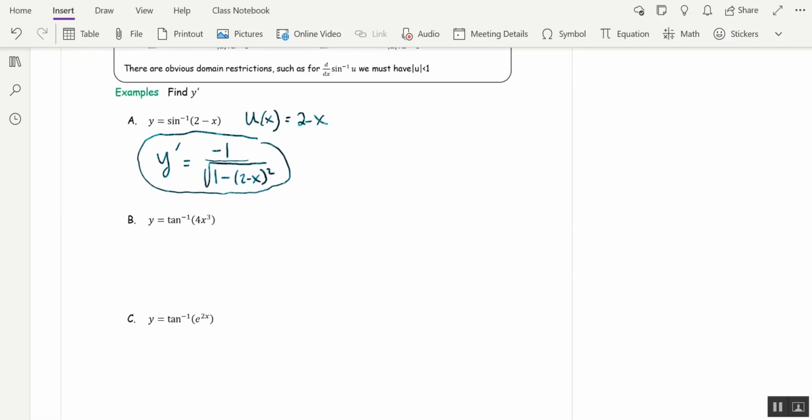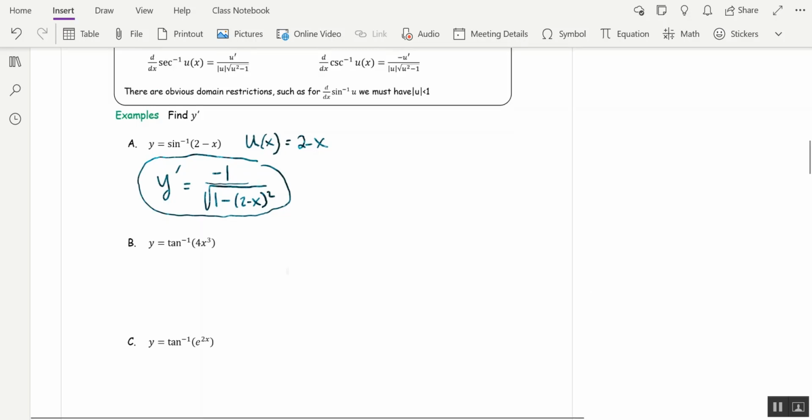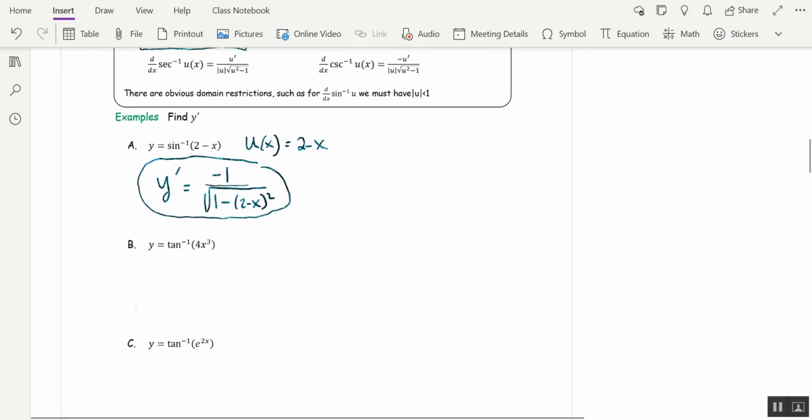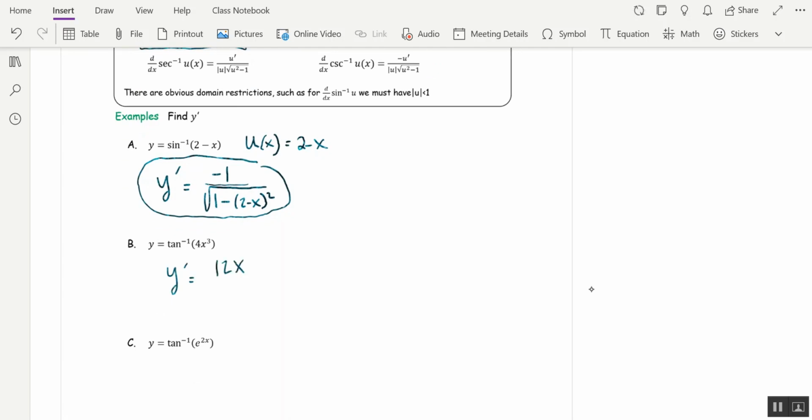Okay, the next one, derivative of tangent inverse of 4x cubed. So now I'm using this formula, y prime is u prime over 1 plus u squared. u prime is 12x squared, and then 1 plus u, which is 4x cubed, and I want to square that. We wouldn't want to leave our answer like this.